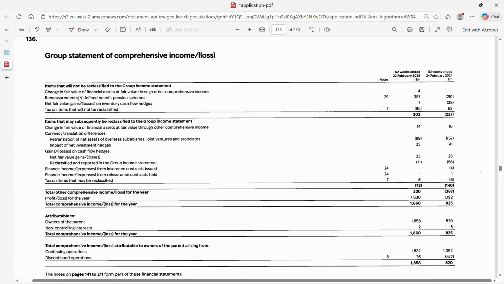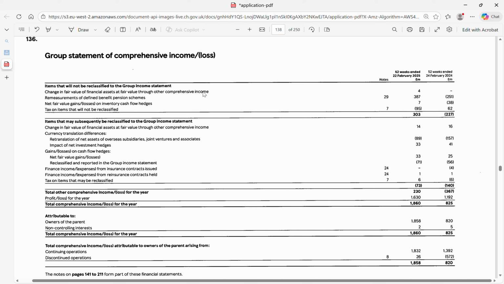Change in fair value of financial assets through other comprehensive income. So this can be things like hedging contracts, forward exchange contracts, forward contracts for FX, for exchanging euros into pounds at a later date for a particular rate.